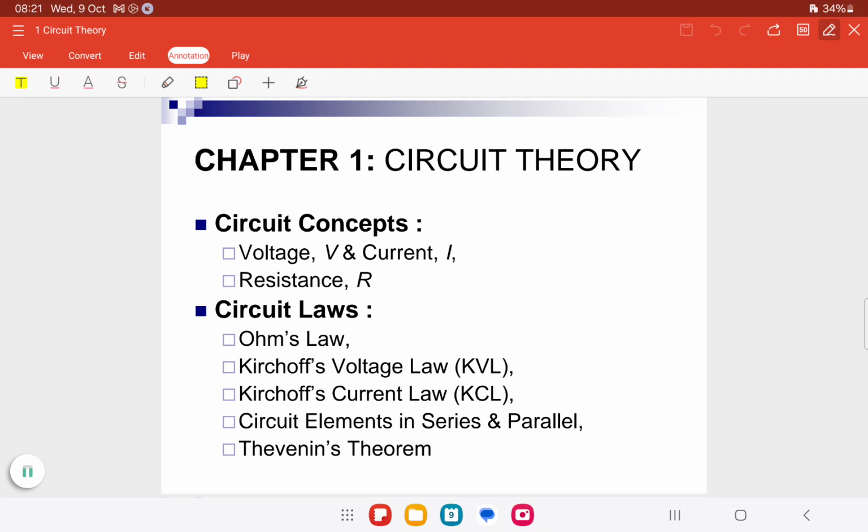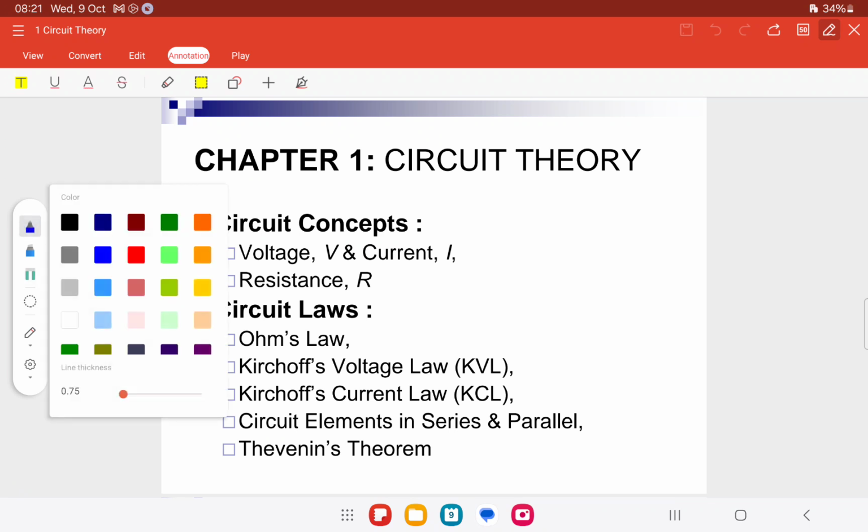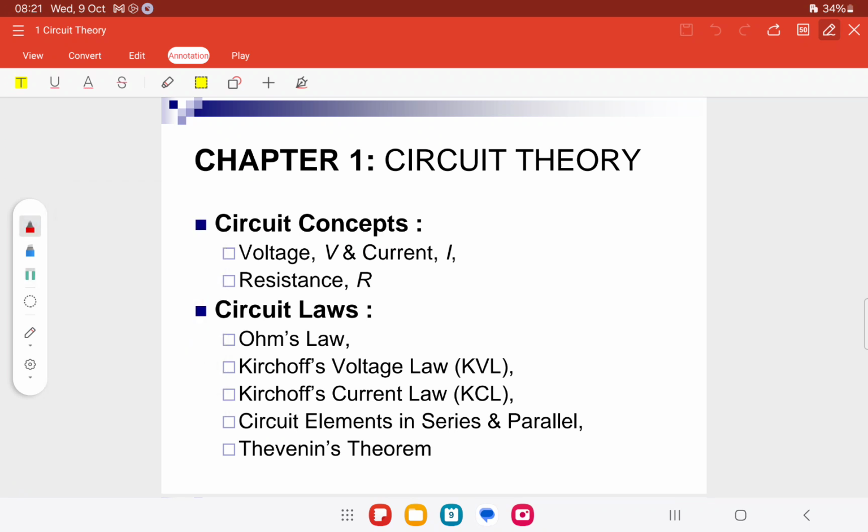Like I've mentioned in our previous class, for here we have the circuit concept. These three elements are important: voltage, V, the current, I, and also the resistance.